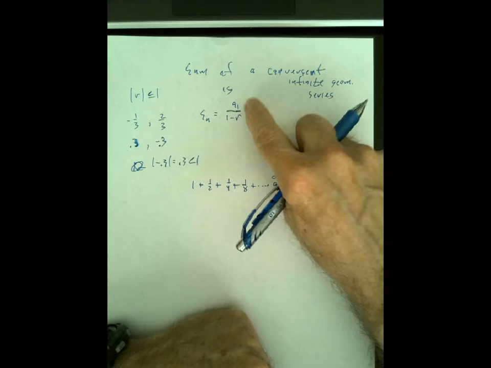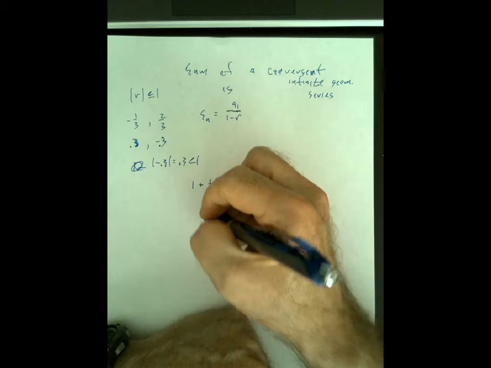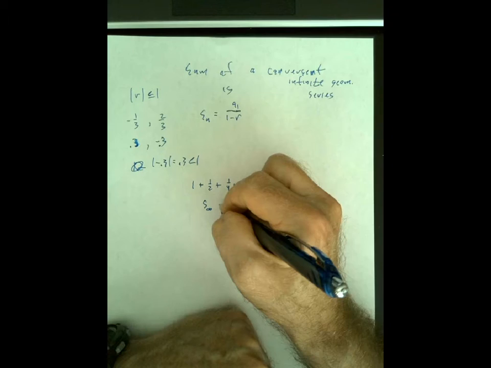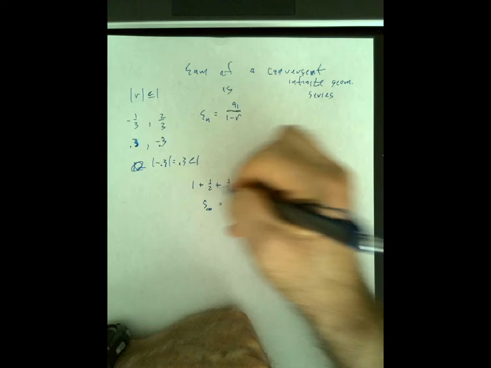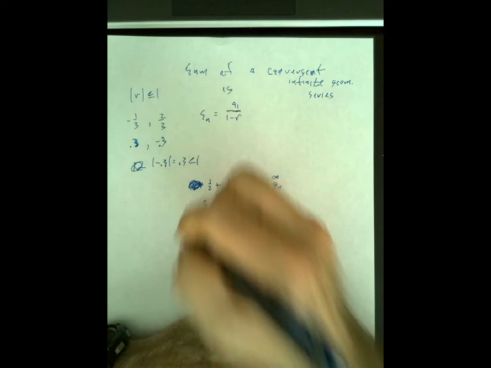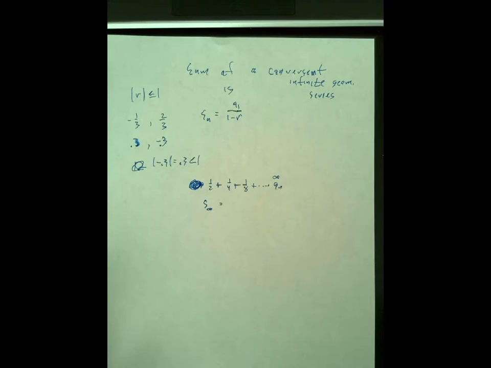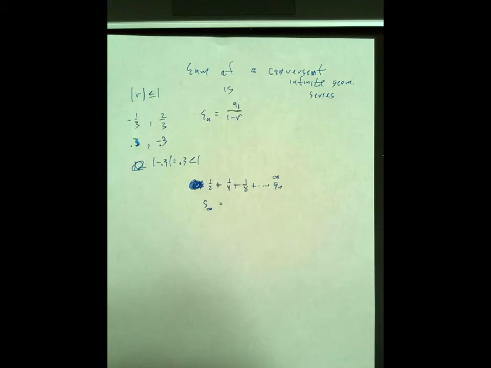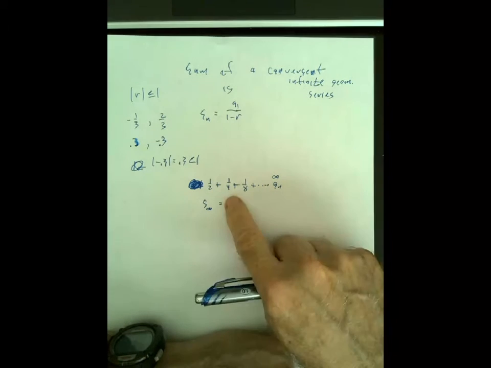Let's see what this formula shows us. S infinity is equal to the first term. Now I forget, did we start with 1 or did we start with 1/2? We started with 1/2, didn't we? With Zeno's. Right, so we're going to start with 1/2. Sometimes the series starts with 1. We're going to start with 1/2, 1/4 plus 1/8, and so on.